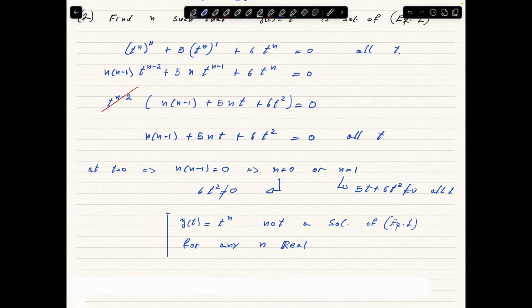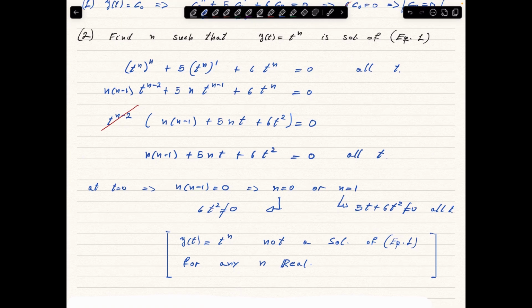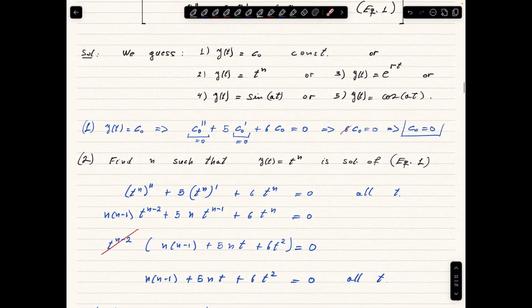So this guess does not work. Power functions are not solutions of the differential equation, because we get that only two powers are possible. One power is actually the constant, so that is not a solution, and the function y of t equal t when n is equal 1 also is not a solution. Alright, so we failed with the constant, we failed with the power function.